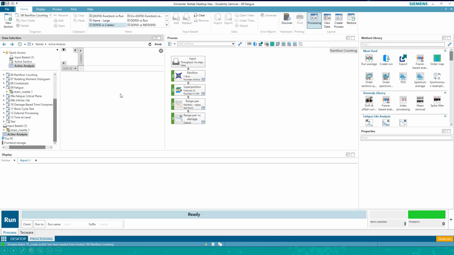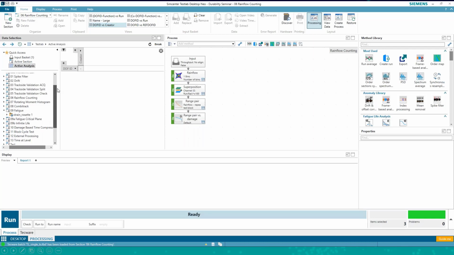For the relative analysis, and test guys do this all the time, I'm going to take a waveform, rainflow count it, and apply some generic SN curve. I don't care whether it's stress, strain, acceleration, displacement, I'm just going to get an idea of the damage. Sometimes we call that pseudo damage or quasi damage or relative damage.